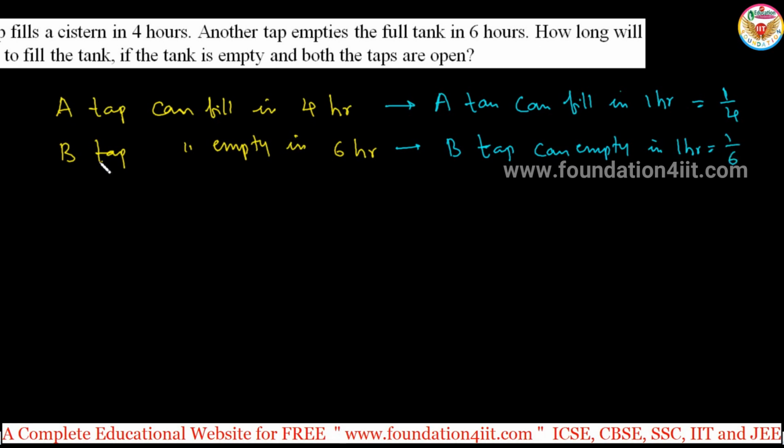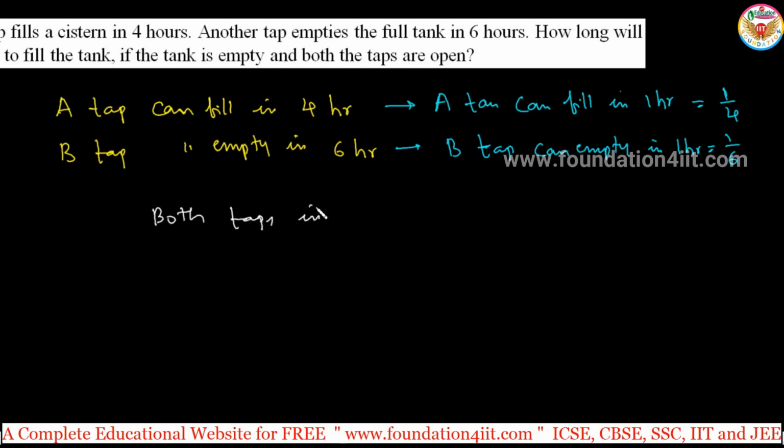So now we need to find out, together, suppose both taps in 1 hour, because one is filling and one is emptying, from the filling you subtract this empty part. So both taps in 1 hour: 1 by 4 minus 1 by 6.